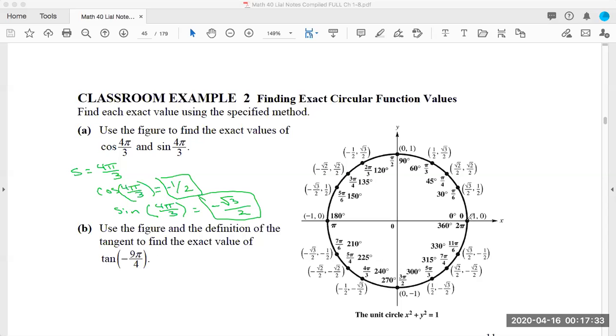So I'm going to start here. This is 0 pi over 4, negative pi over 4, negative 2 pi over 4, negative 3 pi over 4, negative 4 pi over 4. Okay. So corresponding to these spots. Keep counting. Negative 5, negative 6, negative 7, negative 8, negative 9.